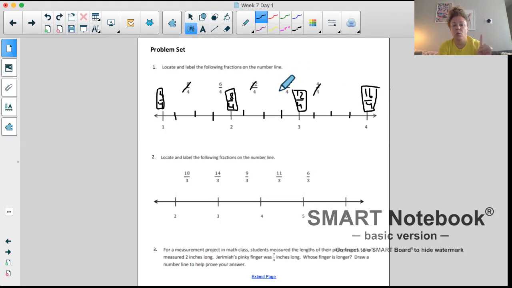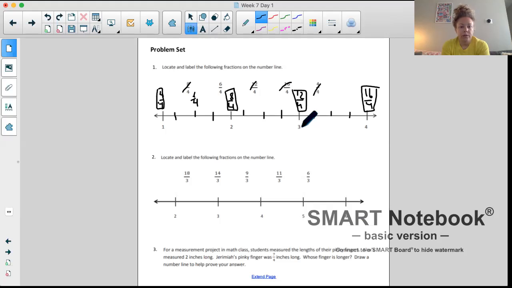So right now we only have one more fraction to find here, and that is 6/4. Here's 4/4, 5/4, 6/4. And I'm not going to box that one because it's not equivalent to a whole. I only box these because they are the same as a whole number. All right.